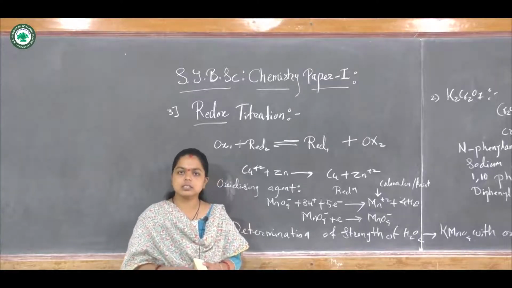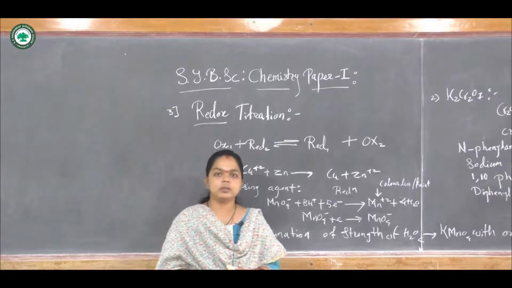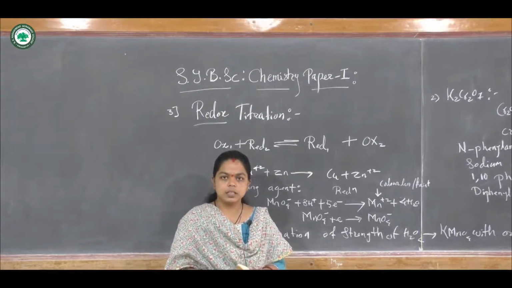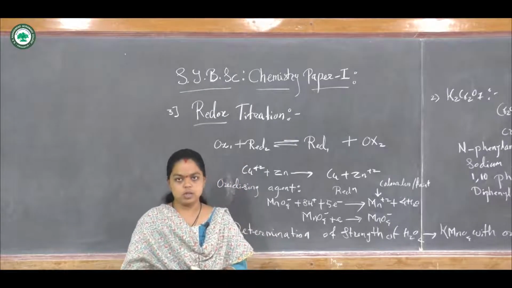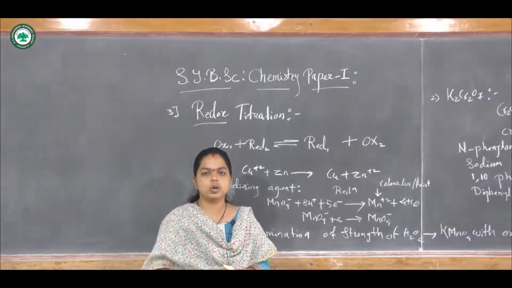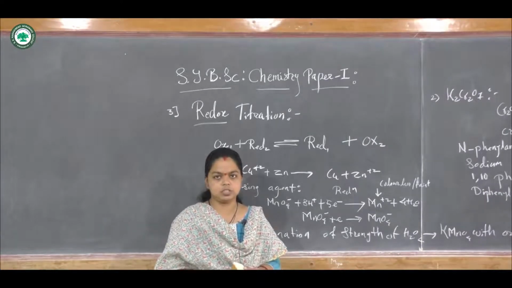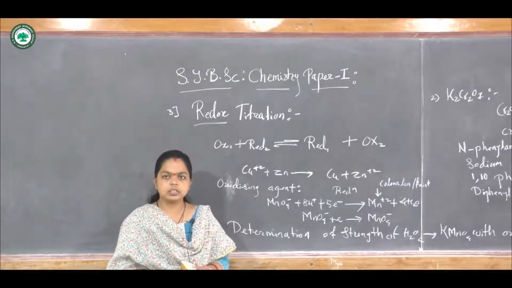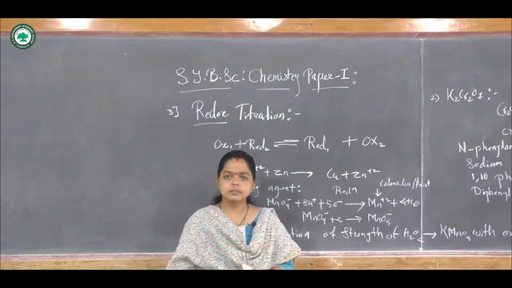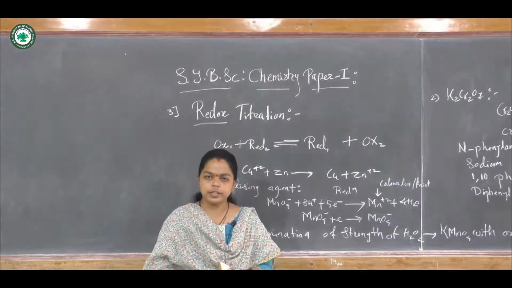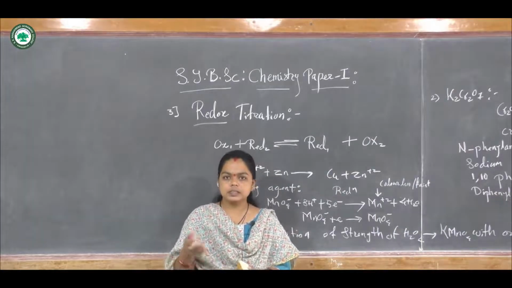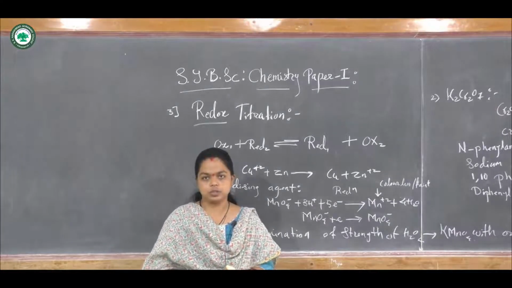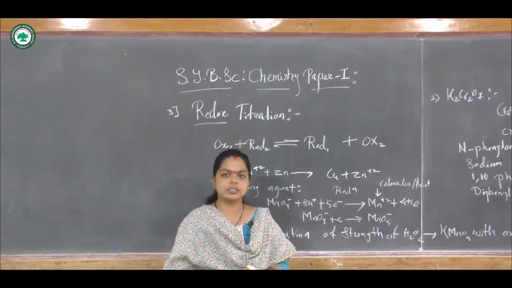Oxidizing agents are the substances or compounds that oxidize another compound, that is, they accept electrons or force another compound to lose electrons. Second is the reducing agent. Reducing agents are the compounds that force another compound to reduce, while they themselves undergo oxidation, or lose electrons.